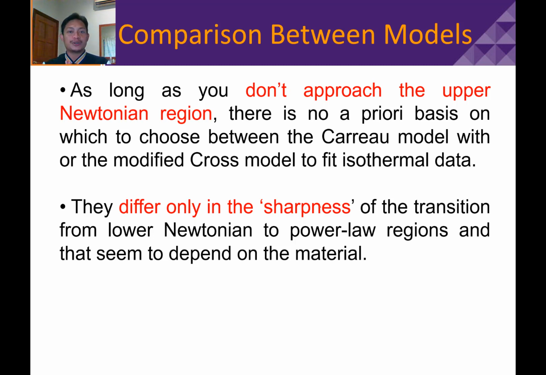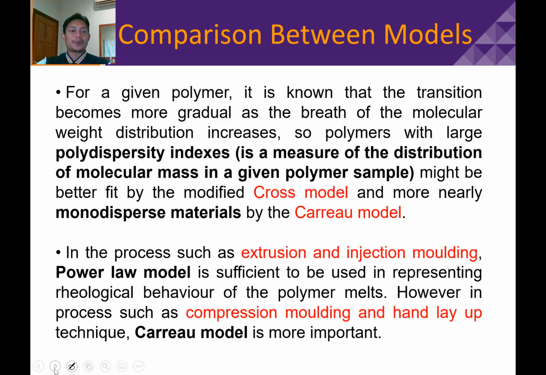First, as long as you do not approach the upper or lower Newtonian regions, there is no firm basis on which to choose a model, so you can choose the power law model, because the difference is only in the sharpness of the transition from the lower Newtonian to the power law region. Next, if your polymer has a broad polydispersity index, you should choose the Cross model, and if your polymer is a monodisperse material, you should choose the Carreau model.